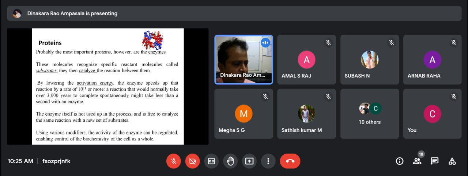Basically it makes the interaction between two molecules by lowering the energy and forms the product from the two substrates without consuming this enzyme. So the enzyme is not used up in this process and is free to catalyze the same reaction with a new set of substrates.